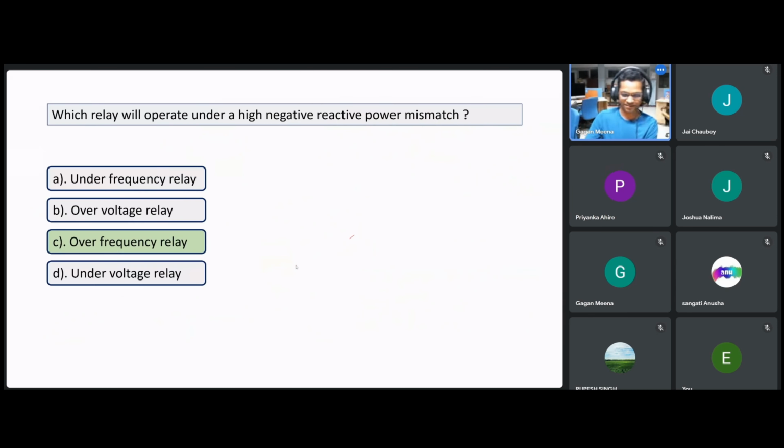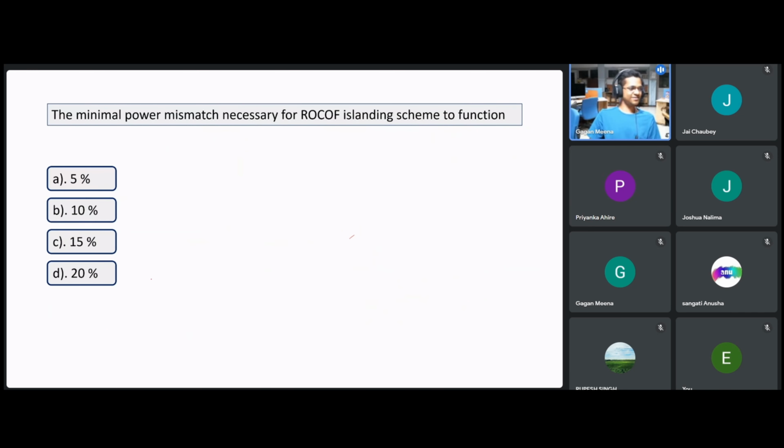Yes. Let us move to the next question then. So our correct answer is over frequency relay. So this is very easy question. Minimal power mismatch necessary for rate of change of frequency islanding scheme to function is. This is direct fact. 5, 10, 15, 20.